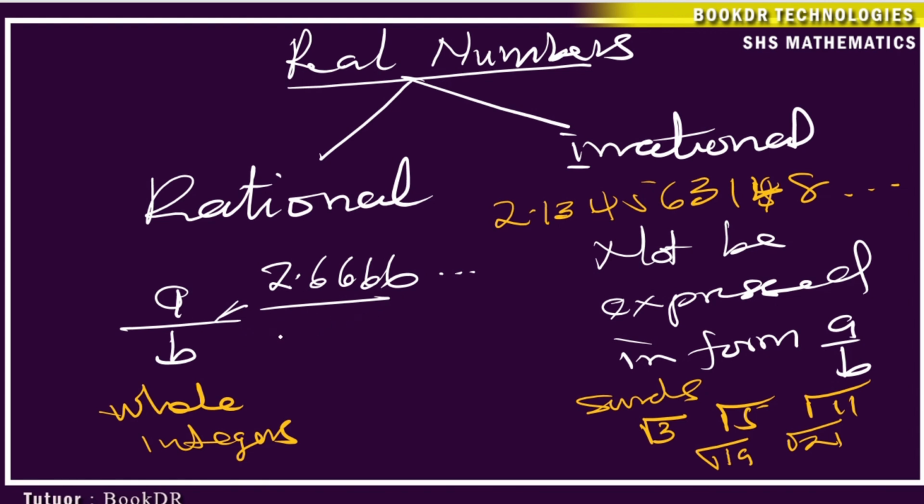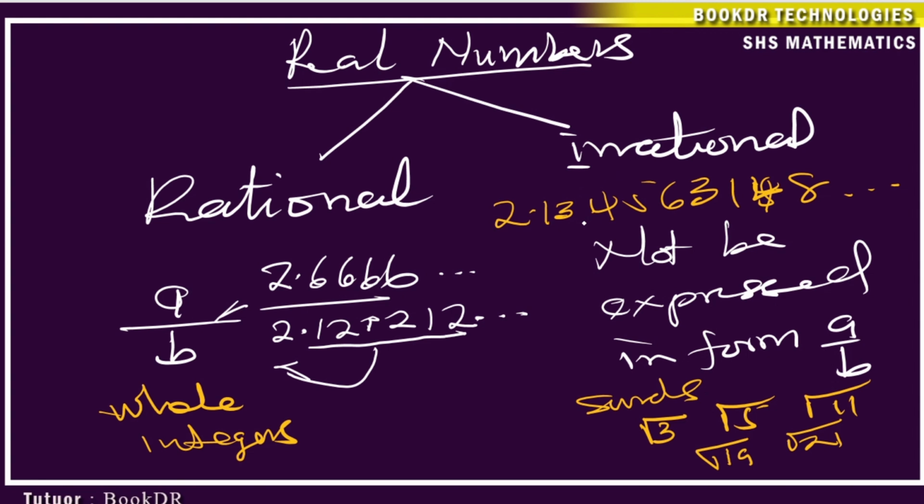Or, for example, 2.121212. This is a recurring decimal fraction. It doesn't terminate, but it recurs. There is a pattern that repeats itself. When it happens like that, it is a rational number. We can express it in the form A over B.